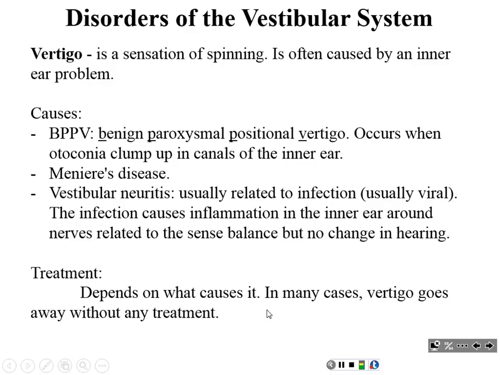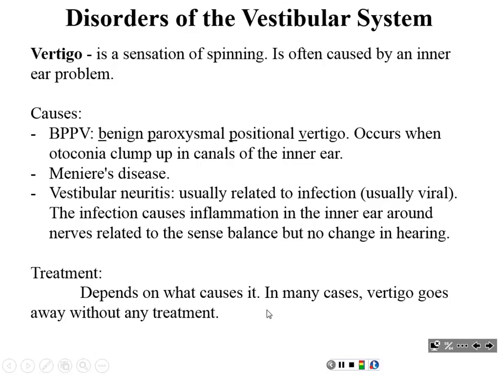Remember, the otoconia are in the saccule and the utricle, not in the semicircular canals. But sometimes they can detach and they can get into the semicircular canals. Using the Dix-Hallpike test, you can detect whether a patient has BPPV. And sometimes, using an Epley maneuver, you can remove the otoconia that got stuck in the semicircular canal.